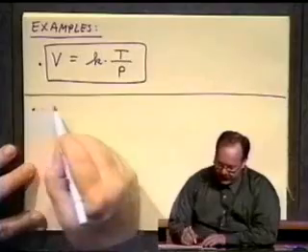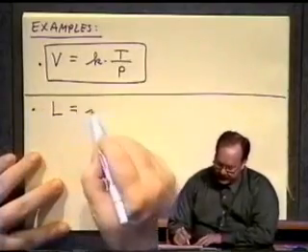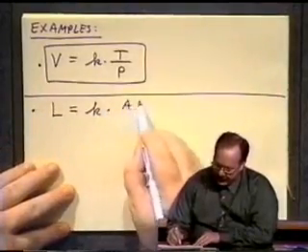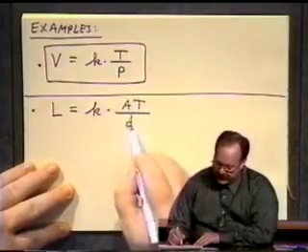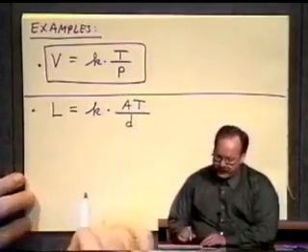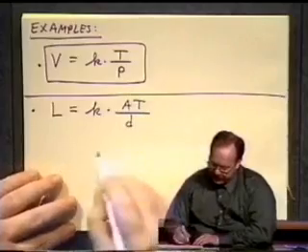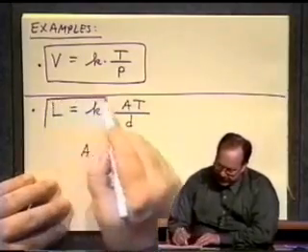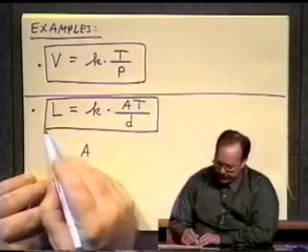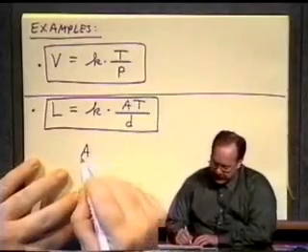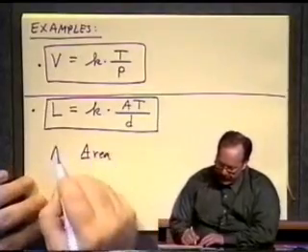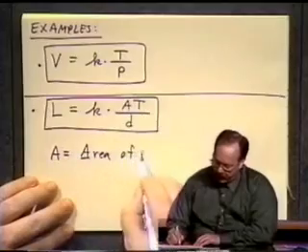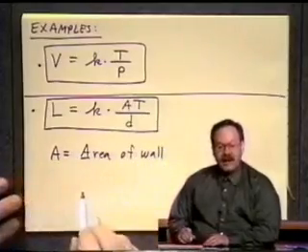Here's another one. This is a little bit more interesting for those that live in houses. L is equal to k times A T over little d. Now what do these represent? I'll go ahead and show you in this case. Let me box that in there. A is equal to the area of the wall. We're talking now about a wall of a house.